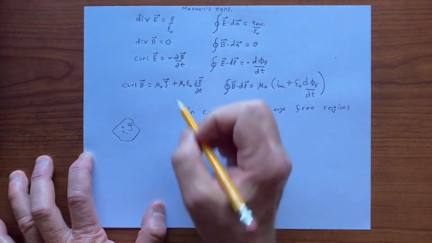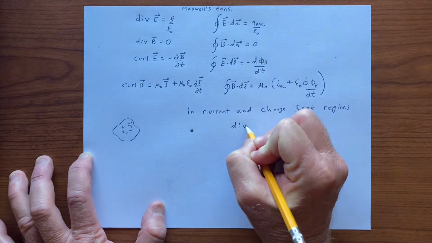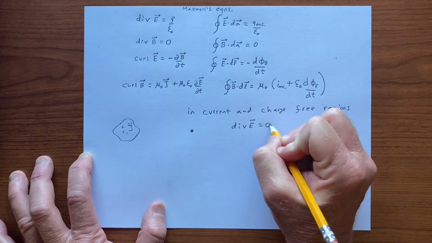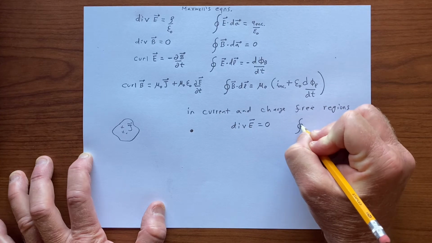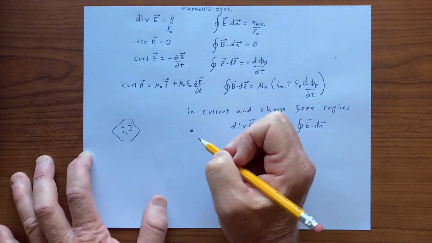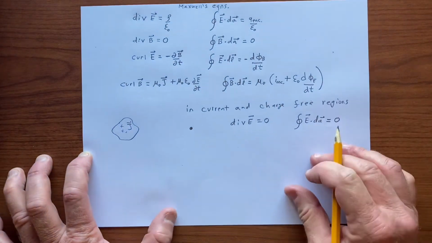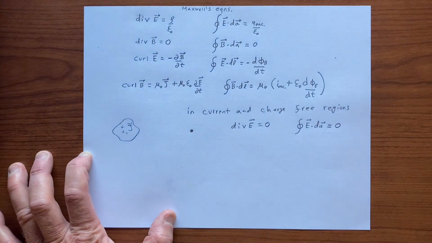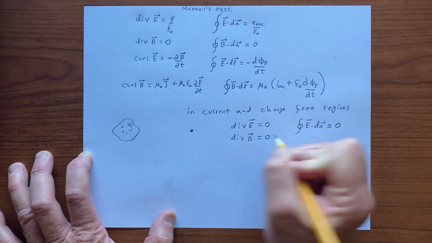Well, there's no density of charge, so the divergence of the electric field here would have to be equal to 0. Of course, that's equivalent to saying that the integral over a closed surface is equal to 0 if we are in a region over here where we have some closed surface there. The divergence of the magnetic field is equal to 0.